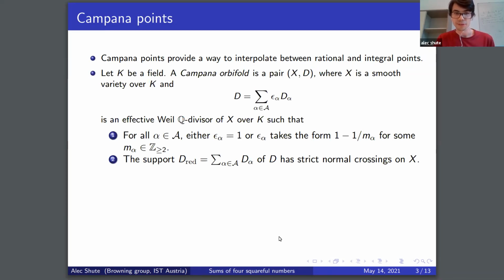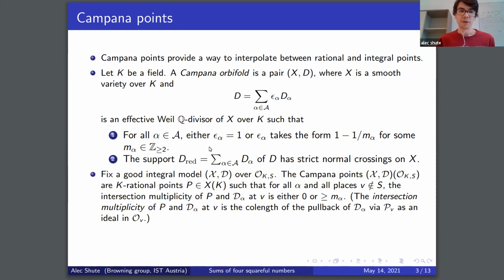For us, this will just be the rational numbers Q. And we define a Campana orbifold to be a pair (X, D), where X is a smooth variety over k, and D is a divisor, the sum of the prime divisors D_alpha with weights epsilon_alpha. We assume that epsilon_alpha takes the special form that it's either 1 or 1 minus 1 over m_alpha for some integer m_alpha which is at least 2. We also assume that the support of this divisor has strict normal crossings on X.